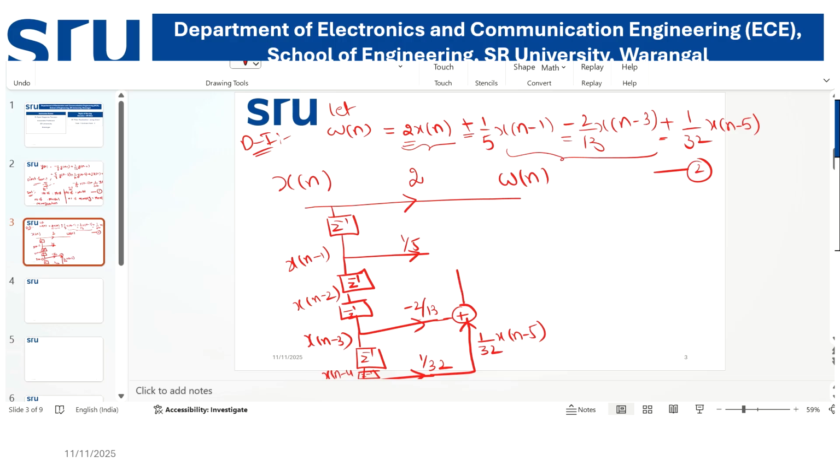Again it is added with the term minus 2 by 13 multiplied by x of n minus 3. Then it is added with one more adder to get our final output.